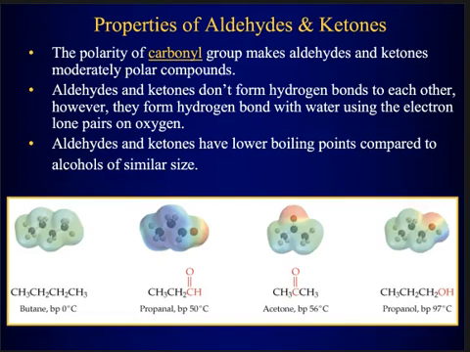Because they can't form hydrogen bonds with itself, just like our ethers, they do have lower boiling points than something like an alcohol. But notice it is higher than our ethers. So our butane, this is just our straight hydrocarbon, completely non-polar, boiling point of 0.